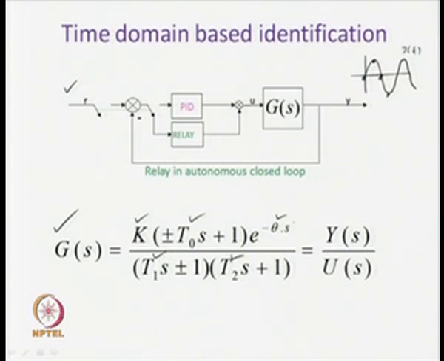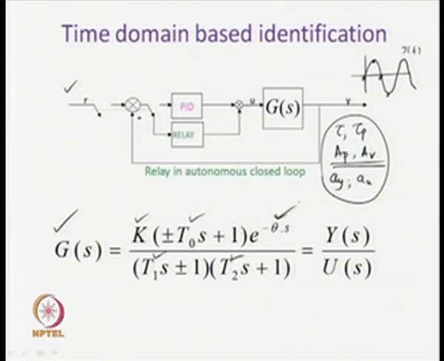Now, we make 4 measurements, namely tau, tau p, AP and AV. Also it is possible to make 2 more measurements known as the area of the output signal and area of the input signal. So, with the help of 6 measurements, it will not be difficult to estimate all the parameters associated with this transfer function model.